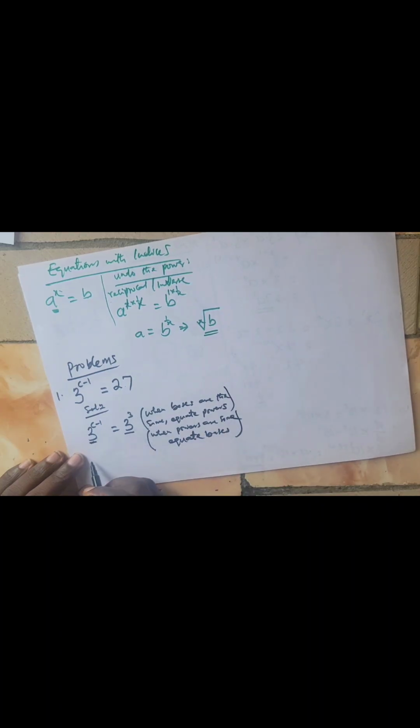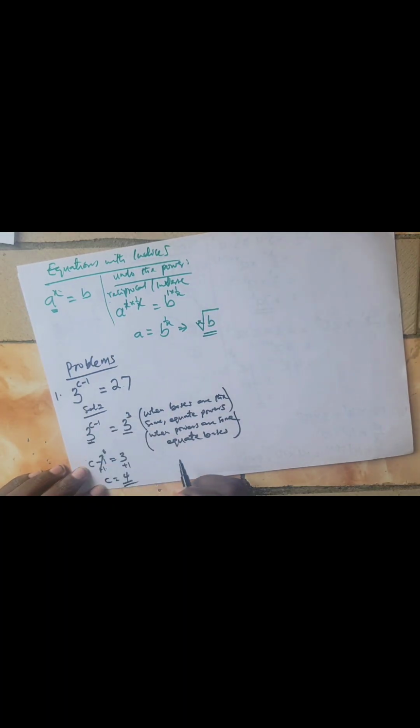So here bases are the same. We have that c minus 1 equals 3. Add 1 to both sides. This is going to 0. So c is equal to 3 plus 1, 4. 1 minus 1 is 0. So 3 plus 1 is 4.